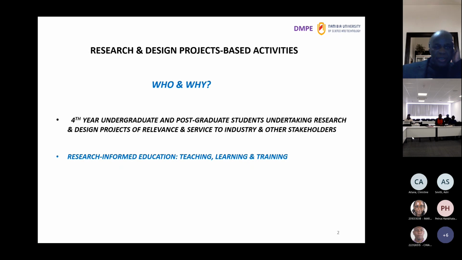And research projects are required to be undertaken by 4th year undergraduates and both master's and PhD postgraduates doing higher degree courses by research or partly by research, because some students do masters without doing research, only coursework.